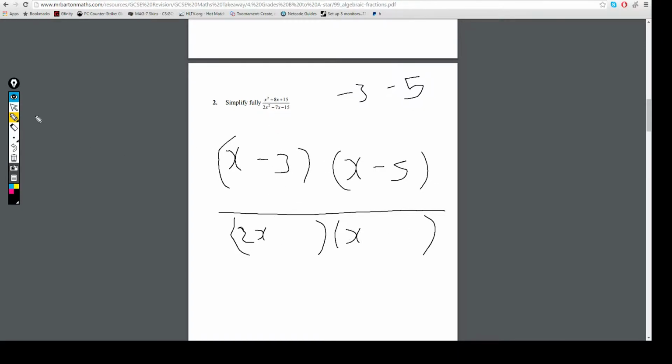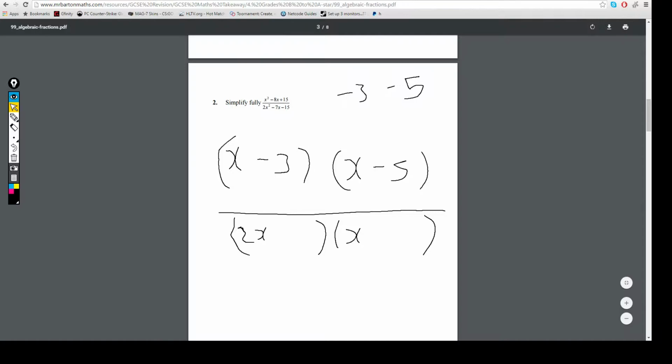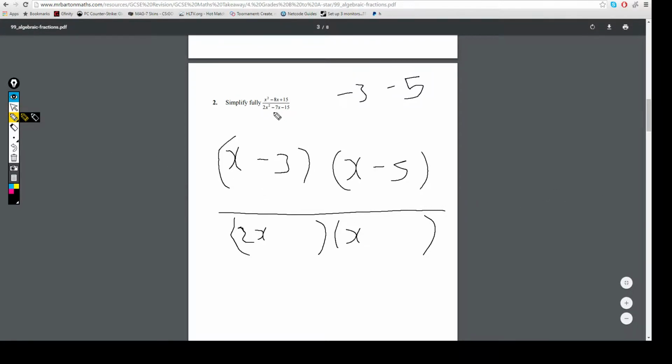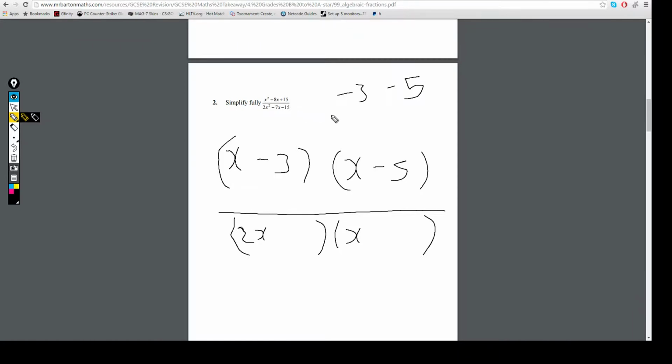Okay, so we'll put that there, and then we're also going to have a plus 3 and a minus 5, because that equals that. So we're going to put a plus 3 and our minus 5 here.